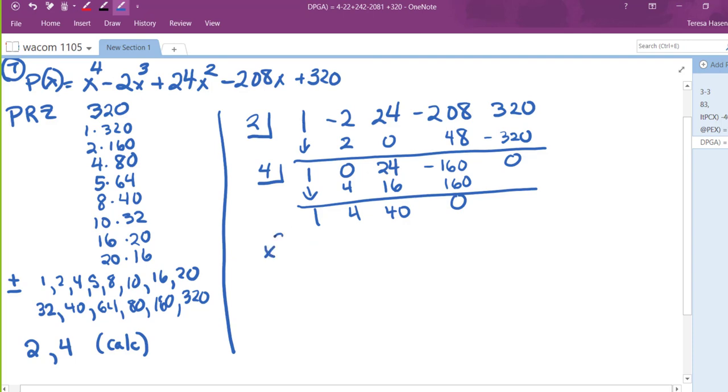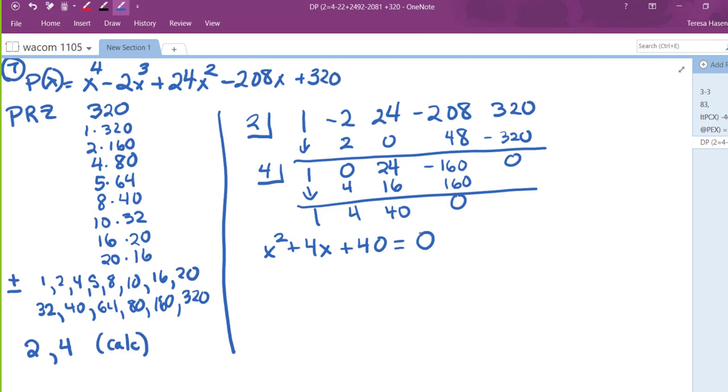So we have x squared plus 4x plus 40 equals 0, and this is where we're going to go to quadratic formula. So, and we are expecting complex zeros, so the i's. So our a is 1, our b is 4, and our c is 40. So I'm going to start here.